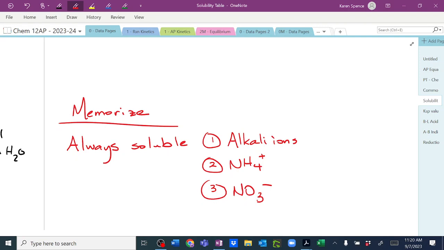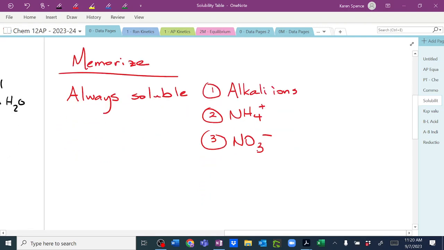So let's say, for example, we had, oh, let's just do our favorite, Pb(NO3)2. And if I put that in water, will it be solid or will it be aqueous? It'll be aqueous. Why? Because nitrates are always soluble.